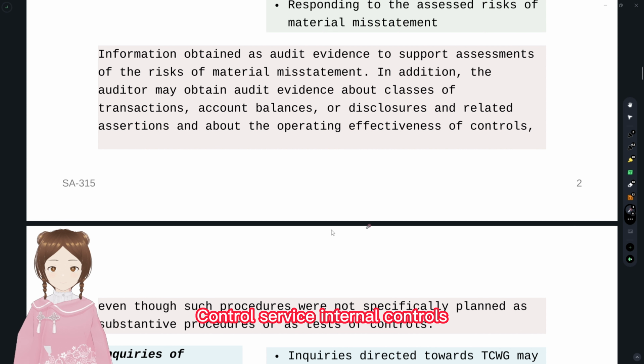Controls here are internal controls, even though such procedures were not specifically planned as substantive procedures or tests of controls. This is talking about when he has got some new information with regards to some risk of material misstatements. Why does he have to dynamically enhance the audit procedures, or put in some extra effort and plan further audit procedures, even though they were not planned as per the audit plan? So he could change those things.